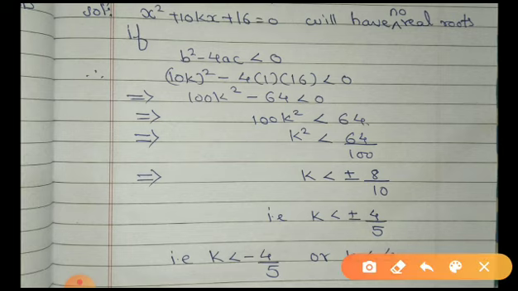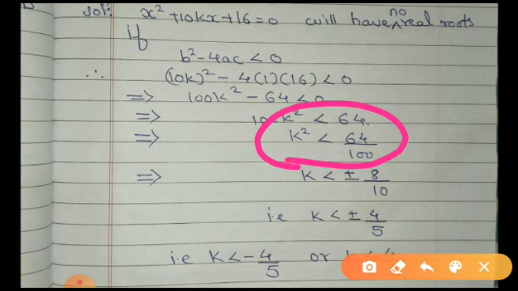So if I simplify, I'll get k square is less than 64 by 100. That means your k is less than plus or minus 8 by 10. Okay, that means k is less than plus or minus 4 by 5. Simplest form I have written.